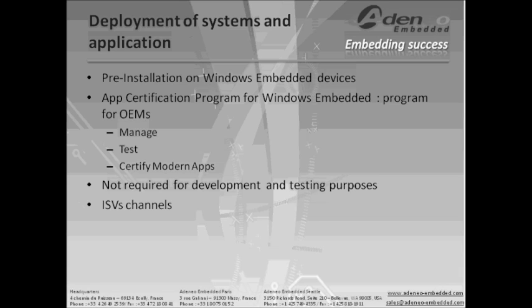So for your test and development needs, you don't need to be certified, but when you want to pre-install your applications on your OEM devices, you have to be enrolled in this process. Your OEM has to be enrolled in this process.